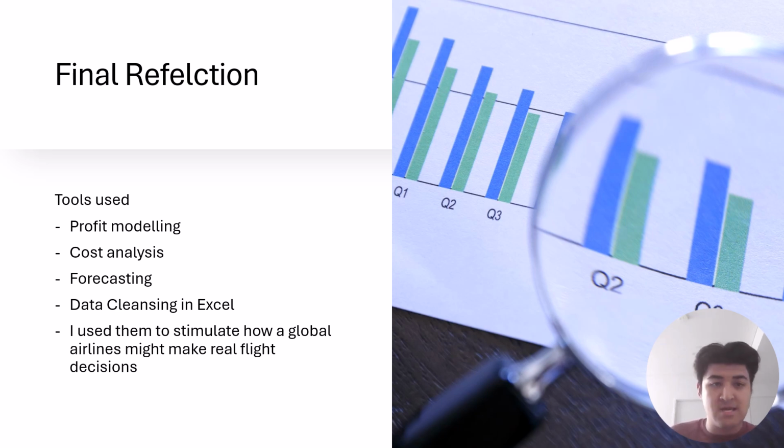From Bazaar 2020, I took tools like profit modeling, cost analysis, forecasting, and data cleansing in Excel, and used them to simulate how a global airline might make real flight decisions. It made the subject real for me and gave me skills I could apply to any business in any industry.